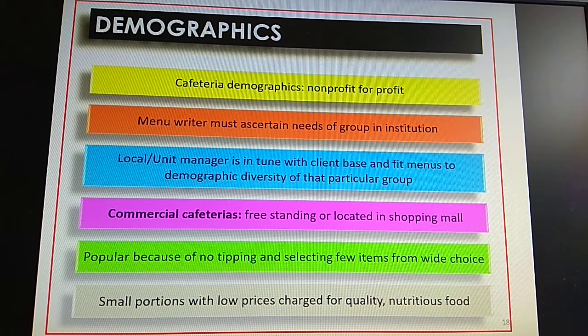Because most of them, like I mentioned earlier in the chapters, are in correctional facilities, nursing homes, government organizations and government buildings. So the policymakers require any cafeteria serving in their building to provide quality and nutritious food.